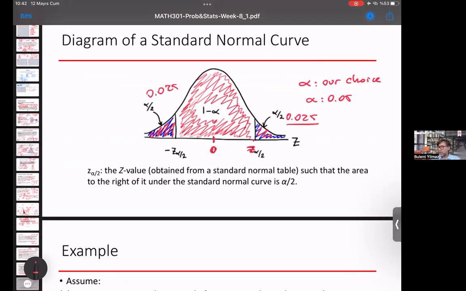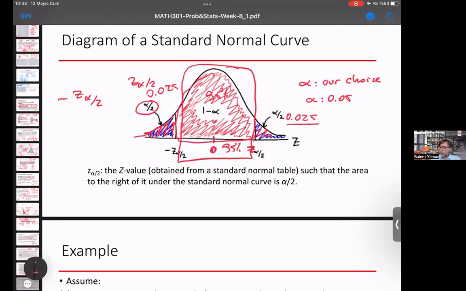The area between minus z alpha over 2 and plus z alpha over 2 is 95% of the whole probability distribution.